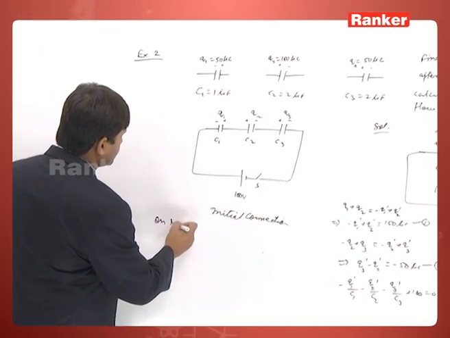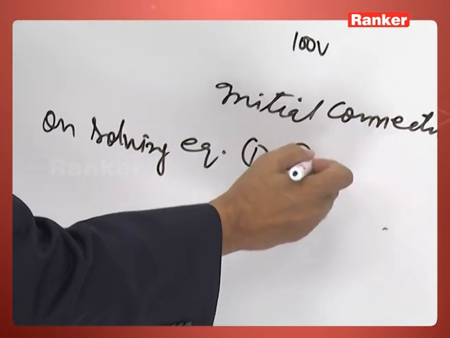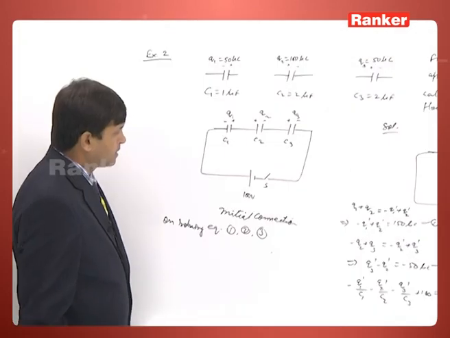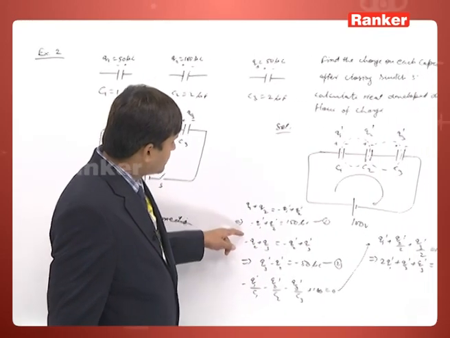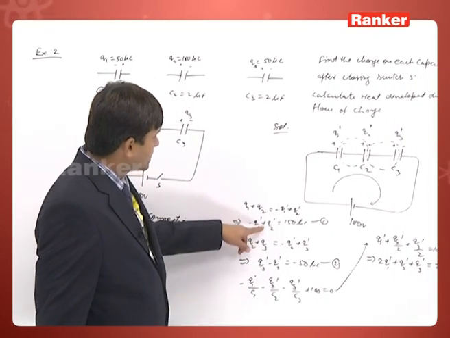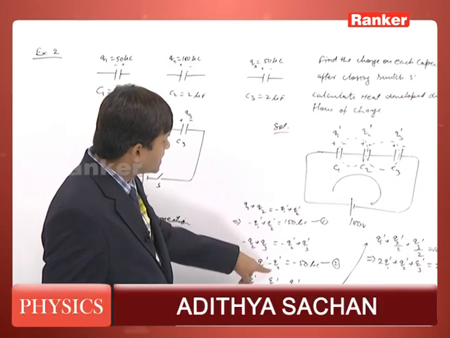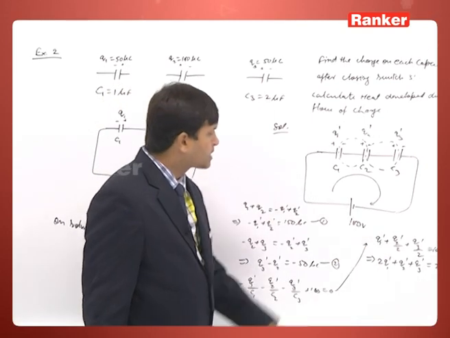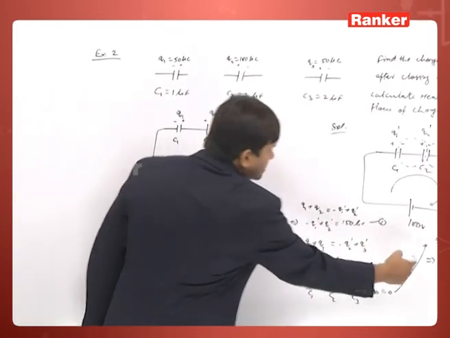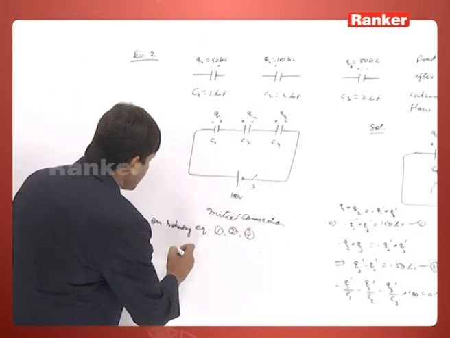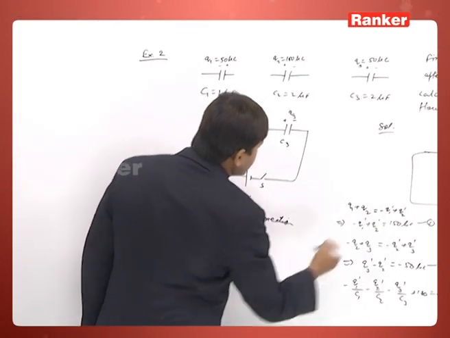See, on solving equations first, second and third, see how to solve. From equations first and second, we can substitute the values of Q1 dash and Q3 dash in terms of Q2 dash in equation third. So the Q1 dash value: 2 times Q1 dash is equal to Q2 dash minus 150.